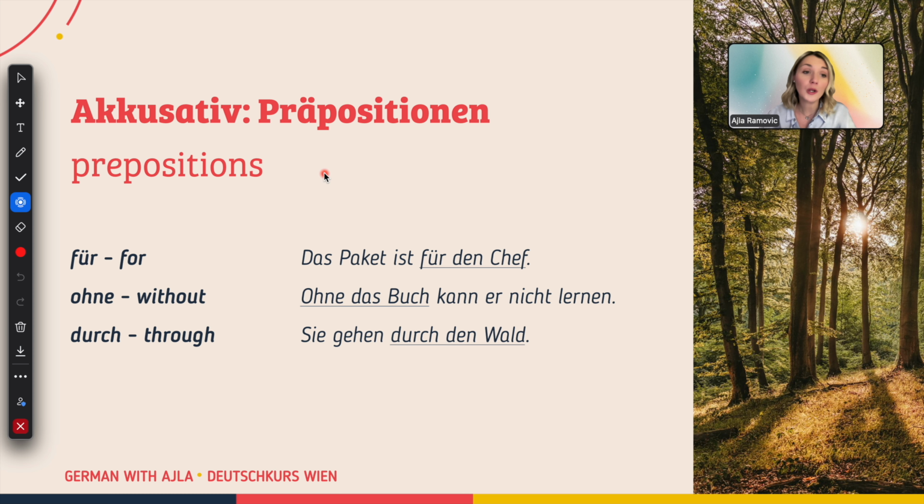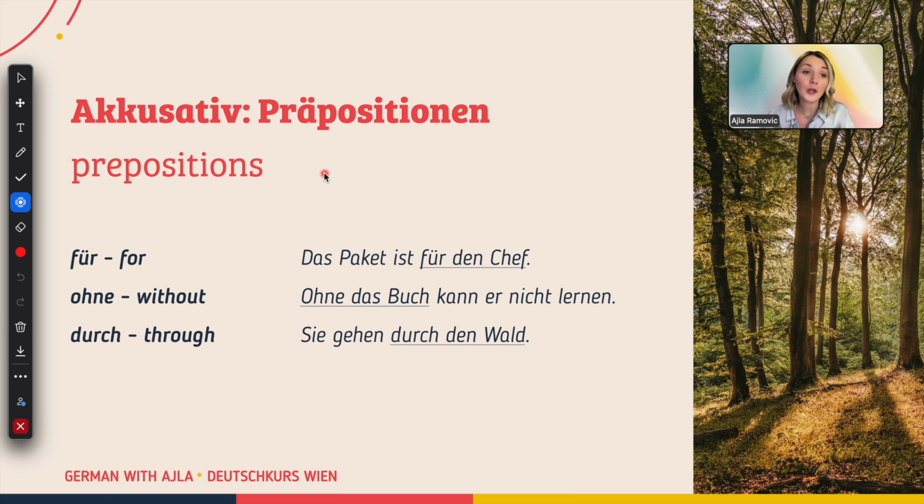The change is actually visible because this is a masculine noun. And for masculine nouns, we always see a change of the article. If it's the definite article, then the change is gonna look like this, from der to den. Nominativ der Chef, Akkusativ den Chef. Das Paket ist für den Chef.